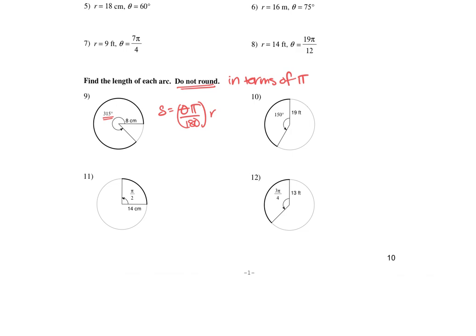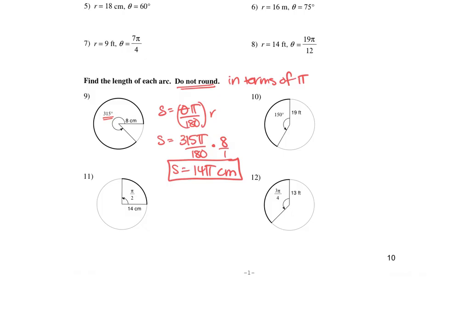And if I rewrite this every time, that's going to help us get this memorized. I get my theta, which is 315, times pi divided by 180 times 8, which is in the numerator. So 315 times 8 divided by 180, I would do all that part on my calculator, and I get 14 pi centimeters. And this is an exact answer because I have not multiplied by my pi.